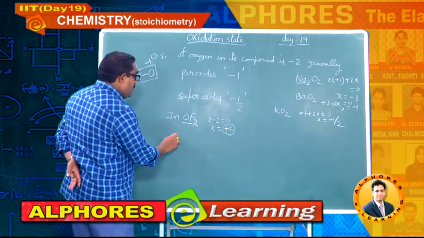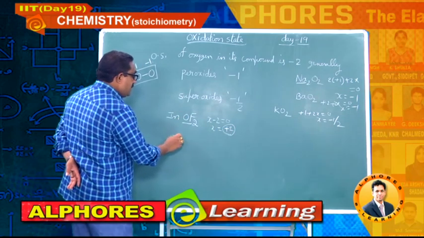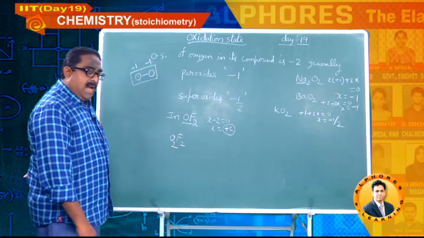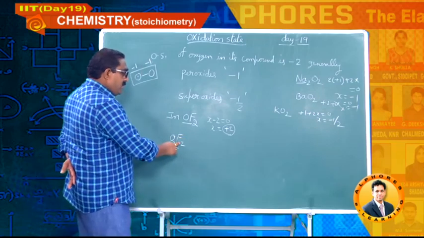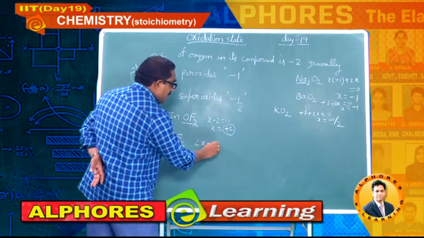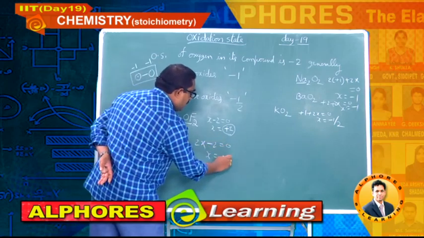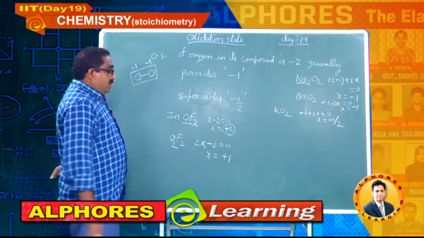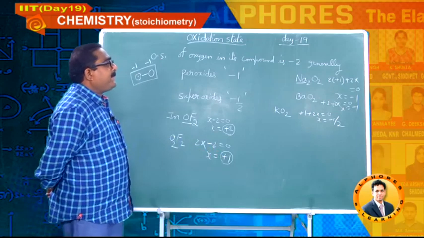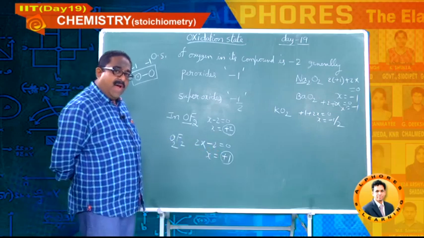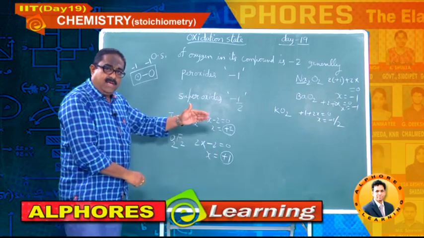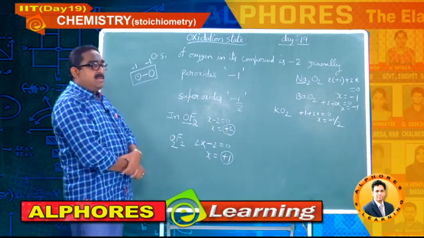One more example I will give, another compound of oxygen and fluorine, O2F2. Again you have to fix the oxidation state of fluorine but not oxygen. So 2x for both the oxygens, minus 2, equals 0, x equals plus 1. So these are all the possible oxidation states that can be exhibited by oxygen in its different types of compounds.